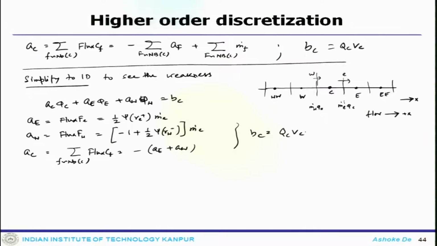Now, you can see the range of psi r is 0 to less than 2. So, the AE and AW coefficients will have opposite signs, except for the upwind scheme, where your psi r f is 0.